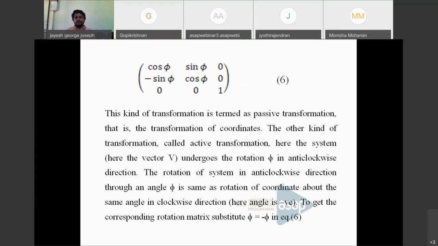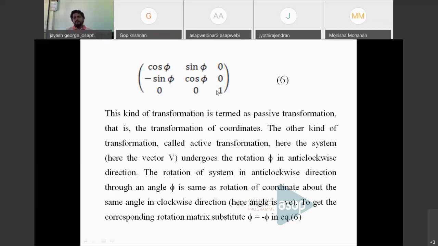So the rotation is about the z axis, therefore the z component will remain unchanged. That is the last one. The other x and y components will change like this: cos phi, sin phi, 0, minus sin phi, cos phi, 0, 0, 0, 1.